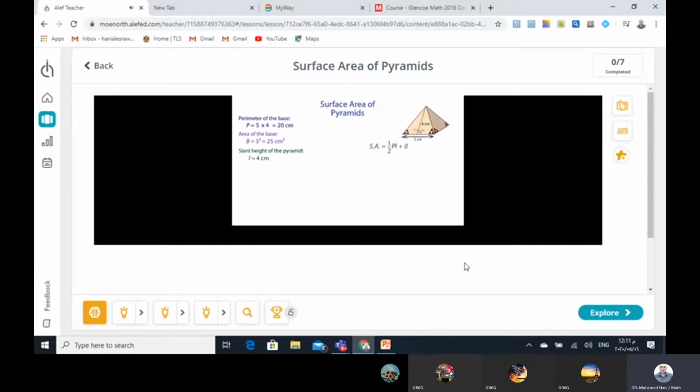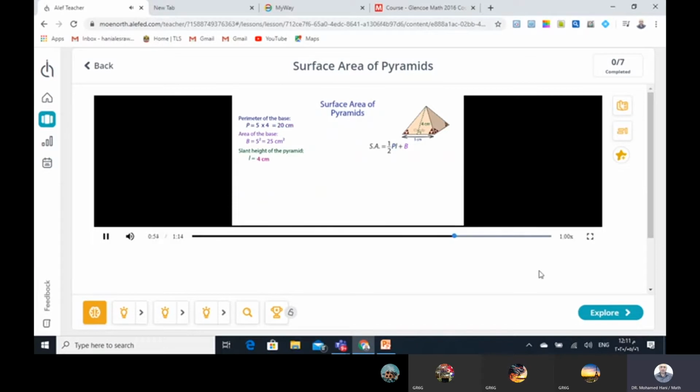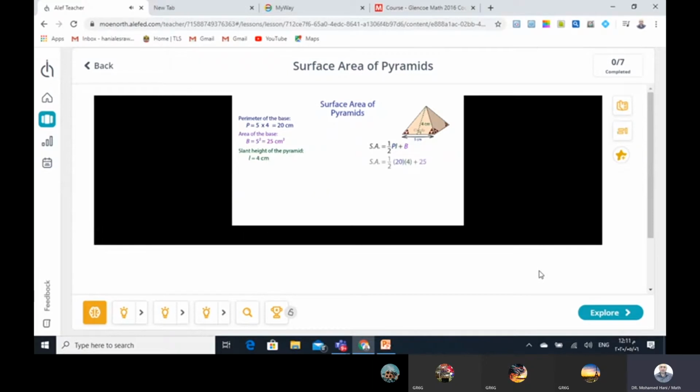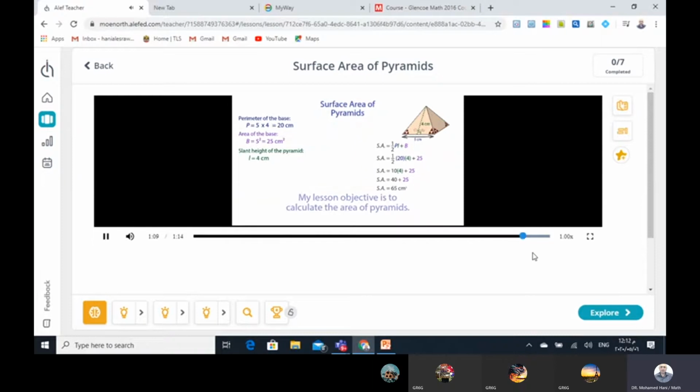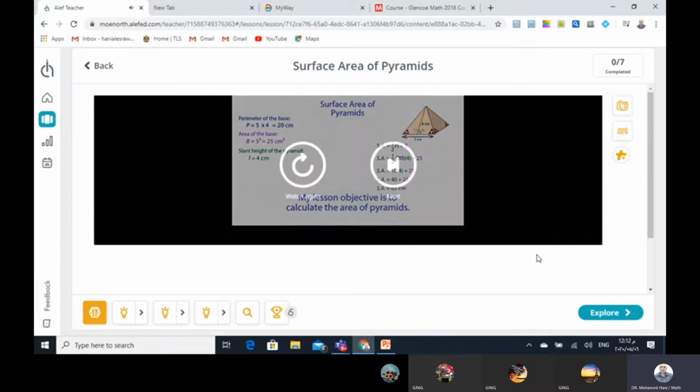We can substitute these numbers into the formula for surface area: 1/2 times the perimeter of the base times the slant height of the pyramid plus the area of the base. Once we substitute the values in the formula and simplify, we see that the box will cover 65 square centimeters. Today, you will learn how to calculate the area of pyramids.